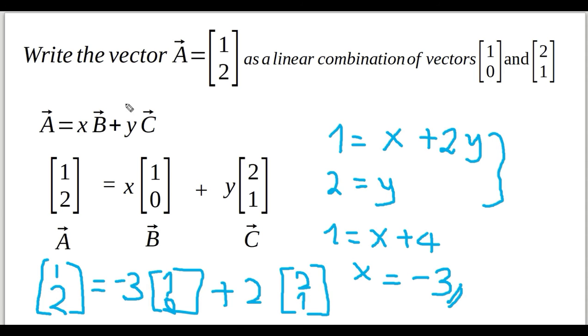So this is the linear combination of the vector A with respect to the vectors B and C here.